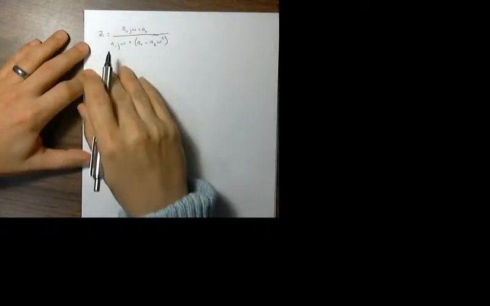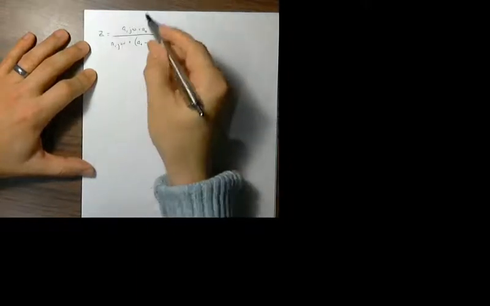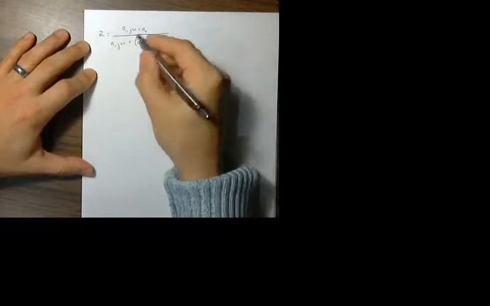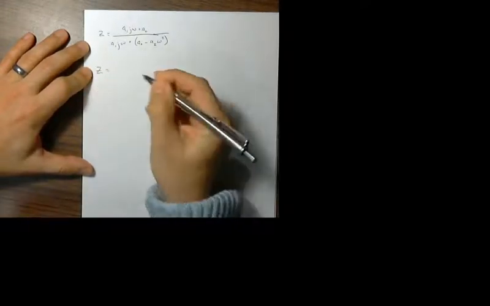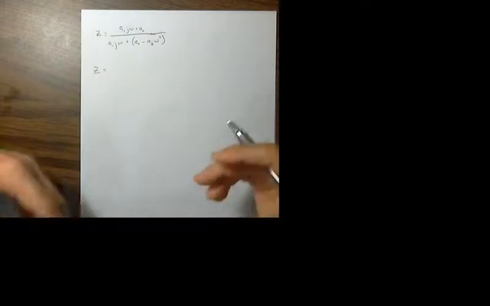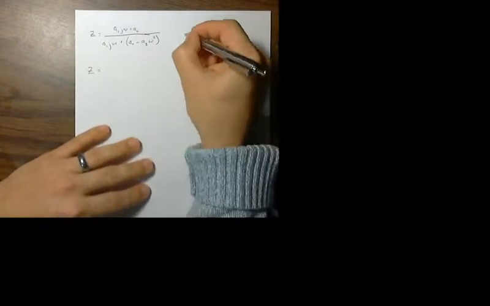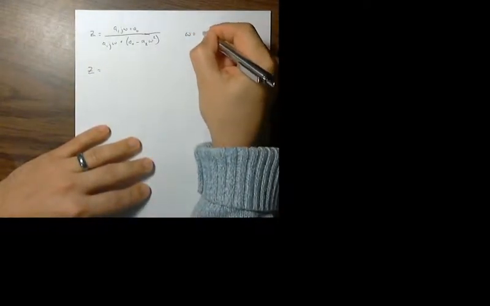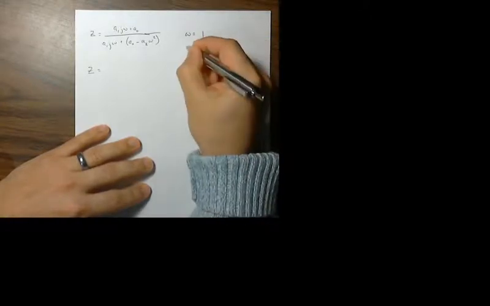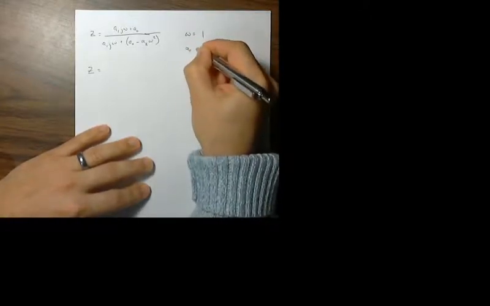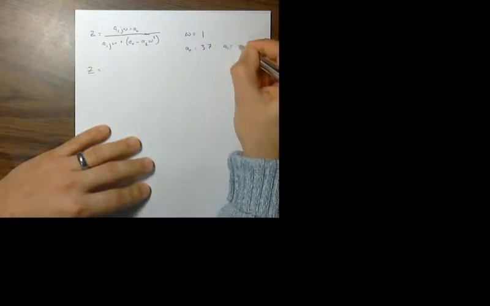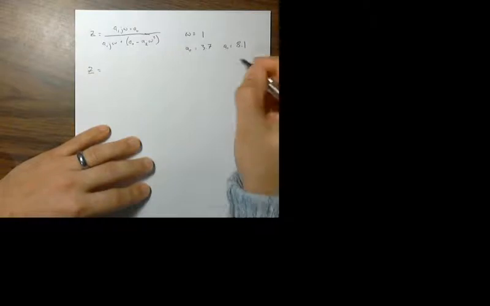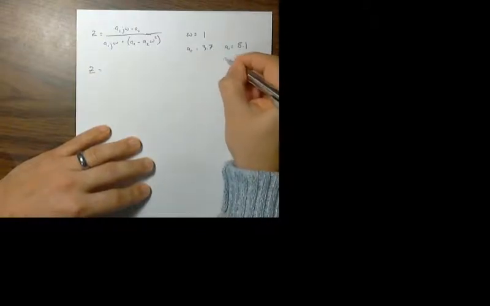All right, so we want to, well, actually, I take it back. This is so simple that we probably should just plug in. So we want to calculate the response at a specific frequency. So we want to choose omega is equal to 1. We want to choose a naught is equal to 3.7, a1 is equal to 8.1.